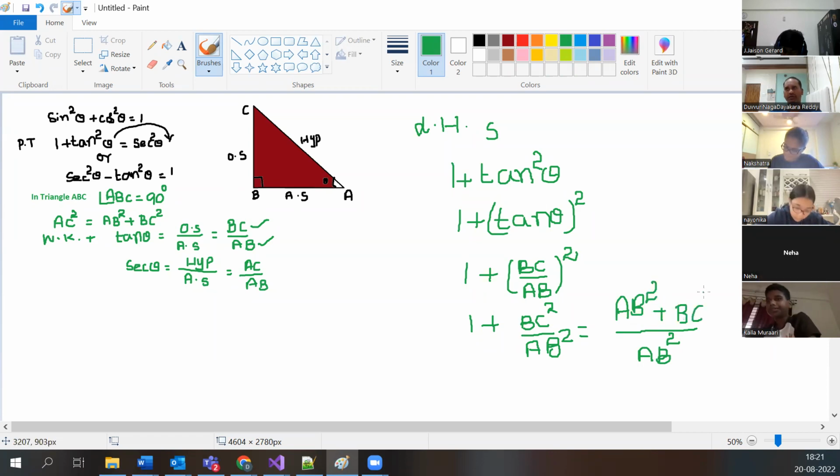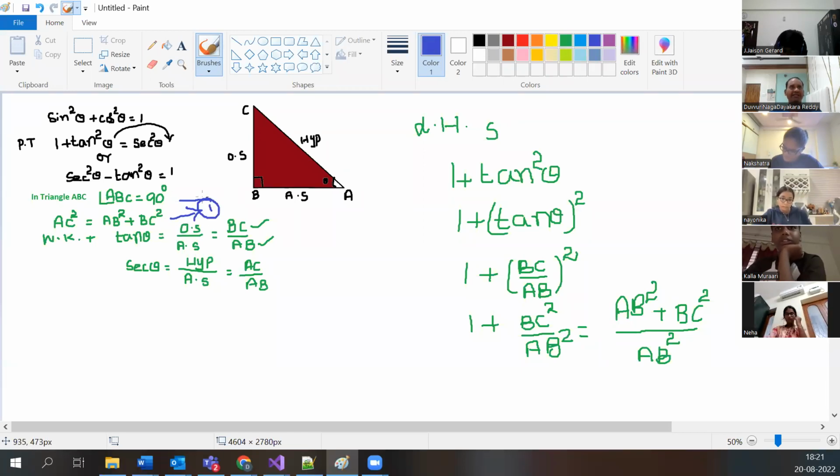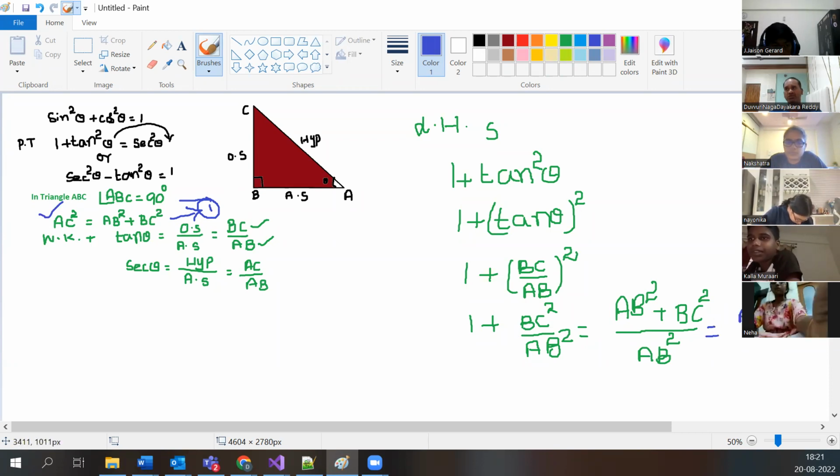You already know the value of AB square plus BC square. It is there, right? Let it be number 1. AB square plus BC square is replaced with AC square, so it equals AC square by AB square.